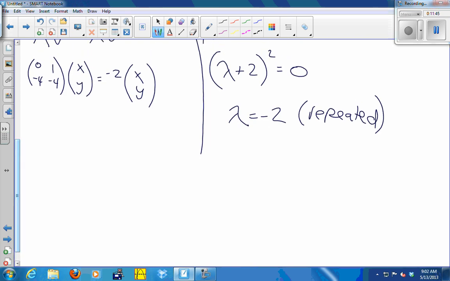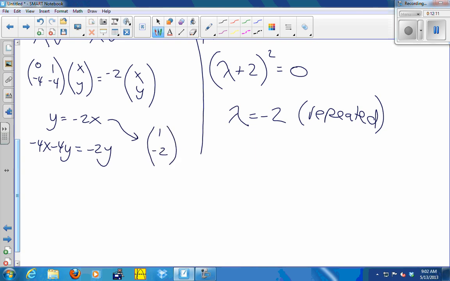Okay, so 0x plus y equals -2x, and -4x minus 4y equals -2y. And those two equations are consistent. They have the exact same information. They're equivalent. So an eigenvector would be 1, -2.